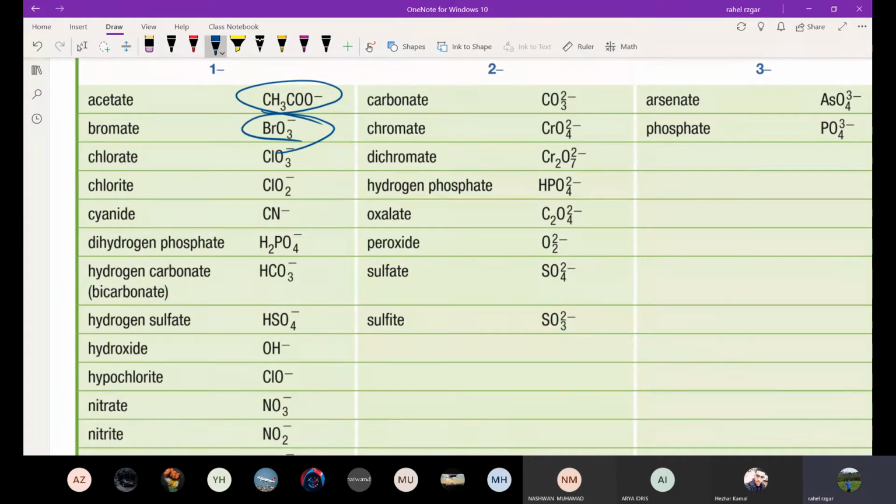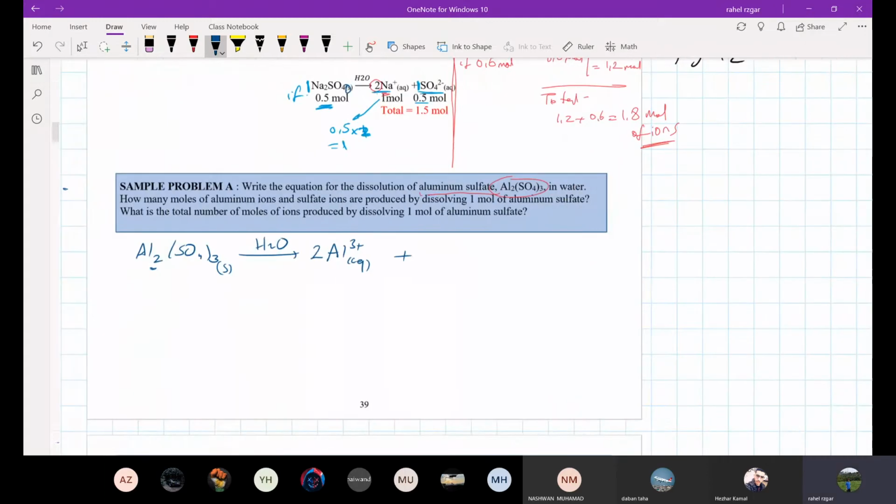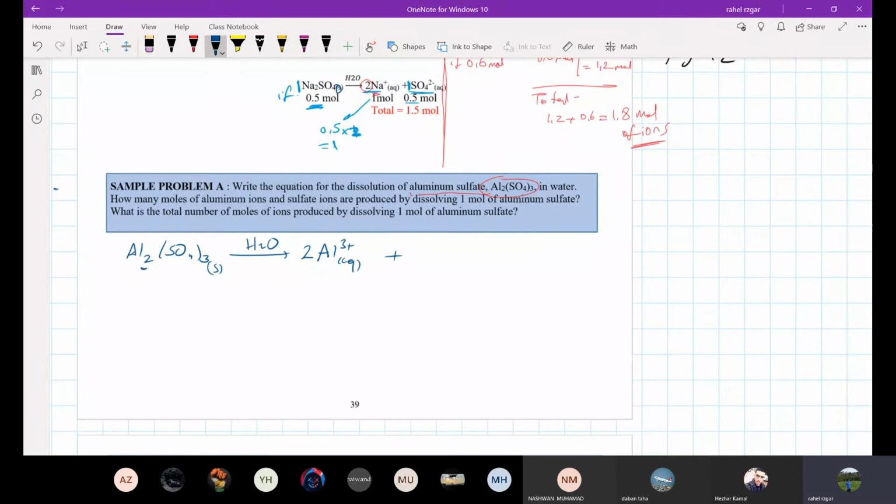Because when you say bromate, bromate means 1 Br and 3 oxygens together, BrO3. You don't separate that. It remains the same. When it says nitrate, it means that it's 1 N and 3 oxygens. All right. Now we have 3 sulfates. This is also aqueous.